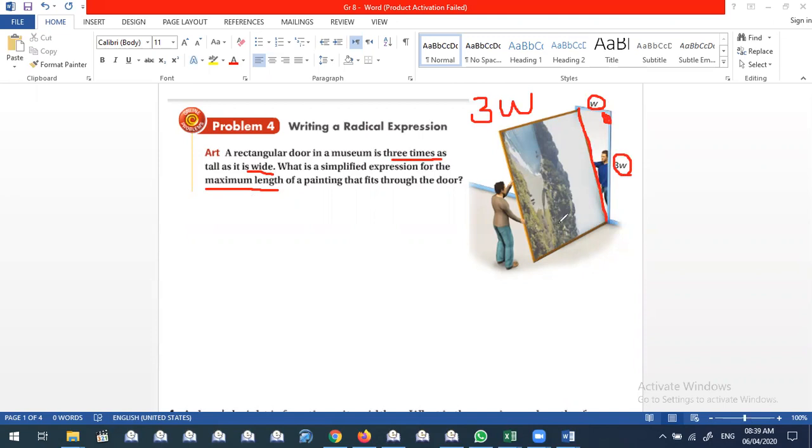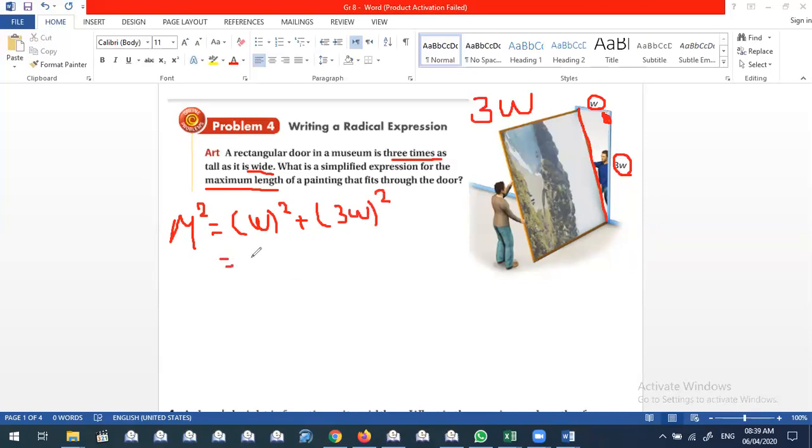According to the Pythagorean theorem, this side is the hypotenuse. So the maximum length m to the power of 2 will be equal to w to the power of 2 plus 3w all to the power of 2.